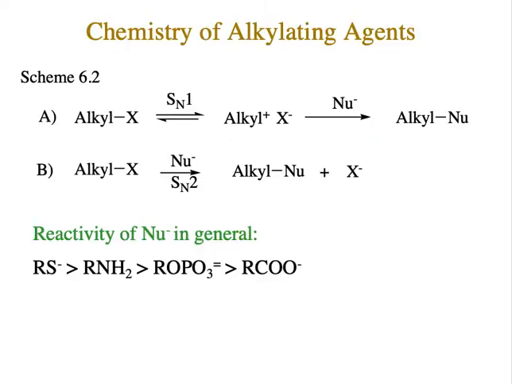So the chemistry of this we've actually talked about before, which is that we're going to do an alkylation reaction. And here we will do a breakout slide for real.